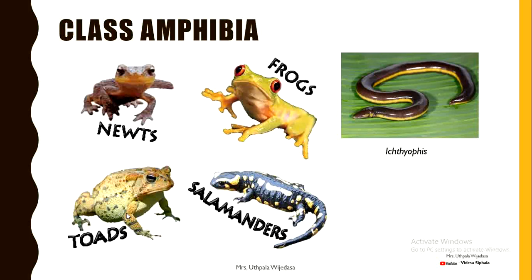That is what we call metamorphosis. If we consider the life cycle of a frog, they lay eggs in water, and once the eggs are hatched, tadpoles arise, and the tadpoles will become young froglets, and these froglets develop into frogs.